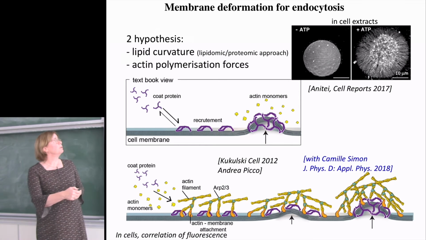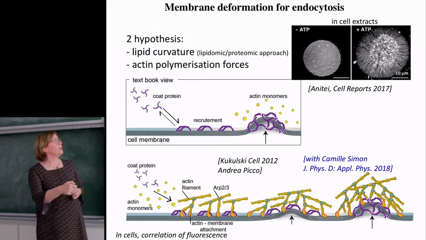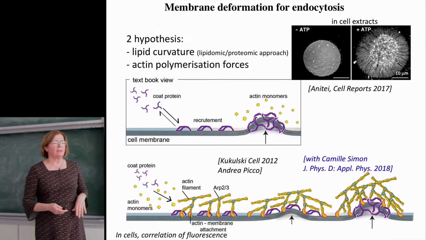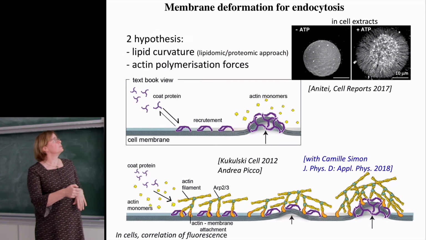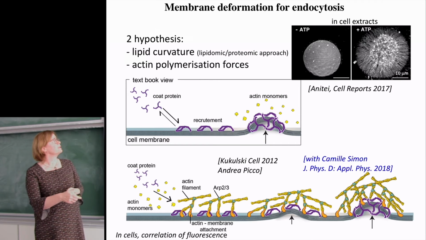And so we need the chemical reaction to obtain this. So if you don't put the chemical reactive, then you get a smooth liposome. But if you put ATP, then you get these tubes that we see. So this was with membranes from intracellular cell membranes, and this was with cell extract.